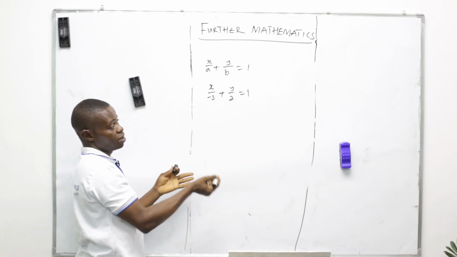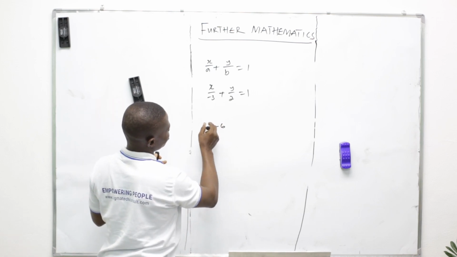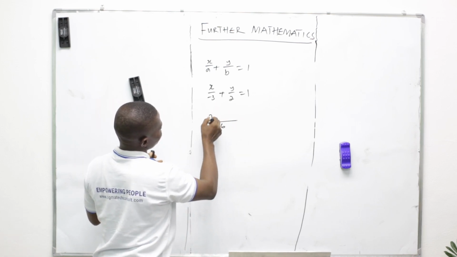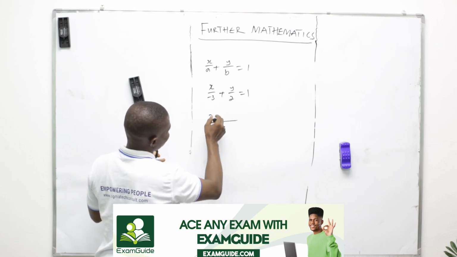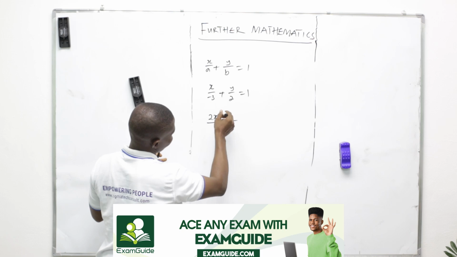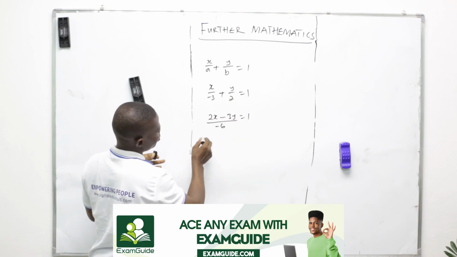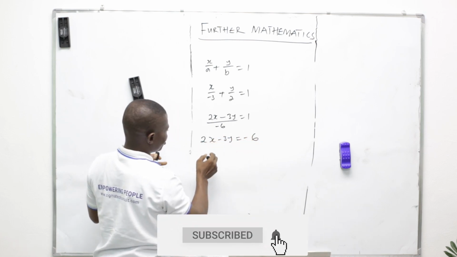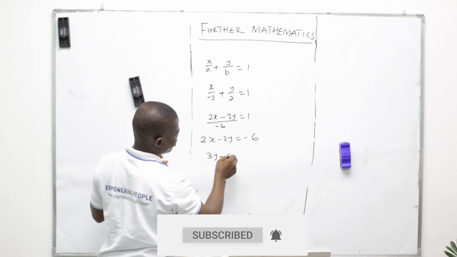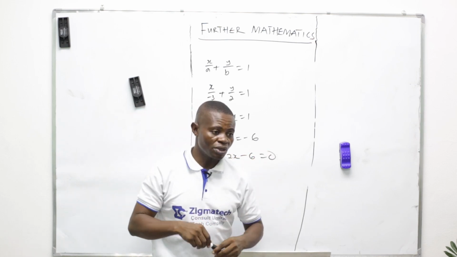Simple as ABC. So look at the LCM. The LCM goes to what? −6. This times this, minus this times this: 2x − 3y equals −6. So that 3y − 2x − 6 equals 0. Now we check.